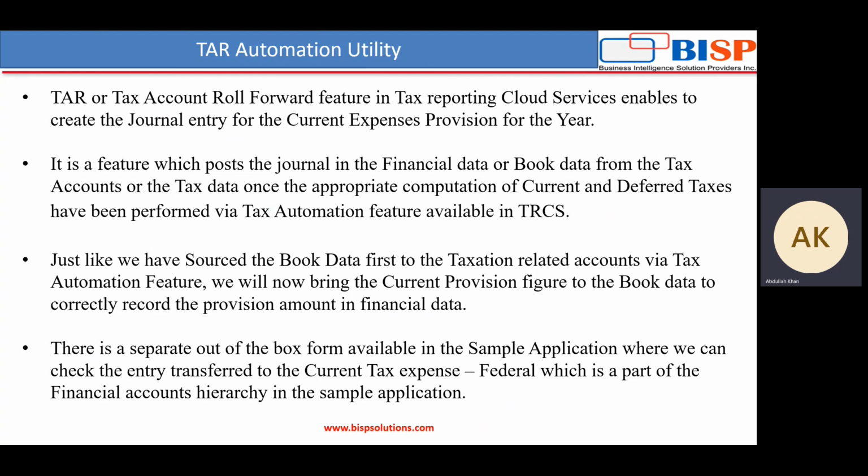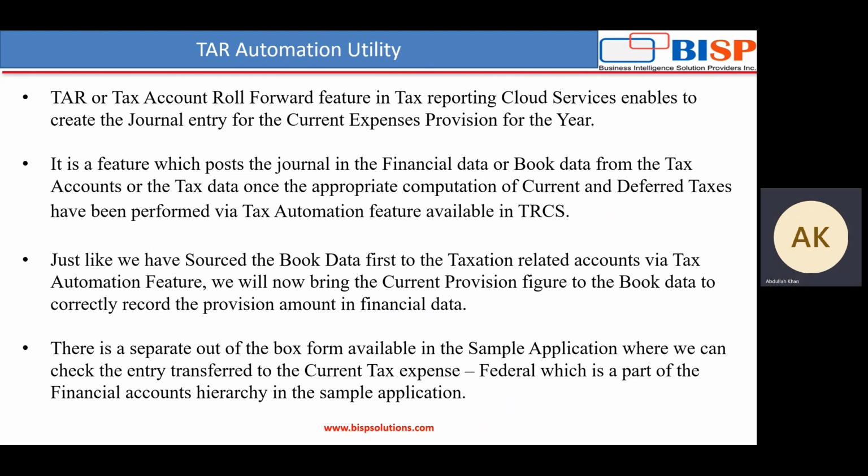But the account in which we have the current tax data for the particular period is a tax account and not a book or natural account or the financial data. It is tax data, and the current tax amount is stored in the taxation account.